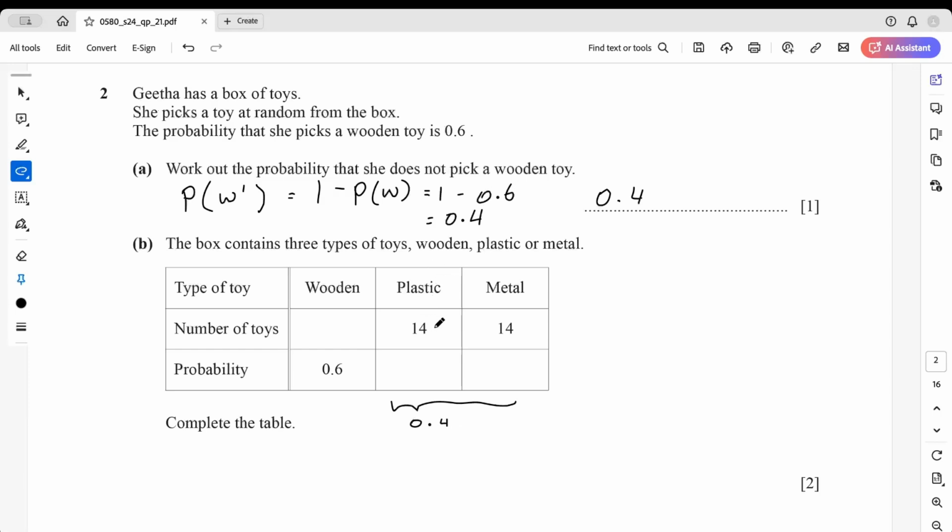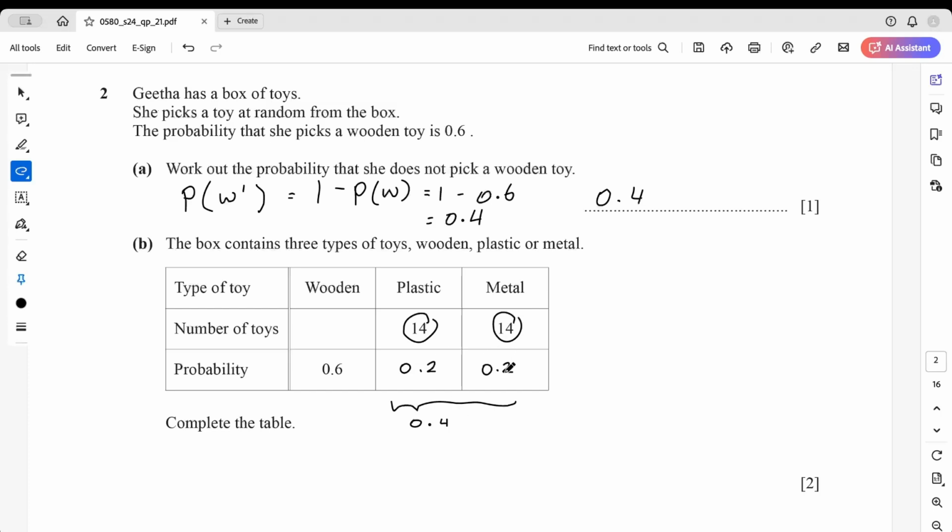Now, you can see here that in the box there are 14 plastic toys and there are 14 metal toys. This shows that there's an equal number of plastic and metal toys in the box. Therefore, the probability of picking them must also be equal. So since these add up to 0.4, each of these must be 0.2. And notice that your total probability still adds up to 1.